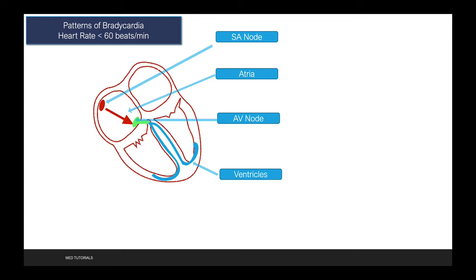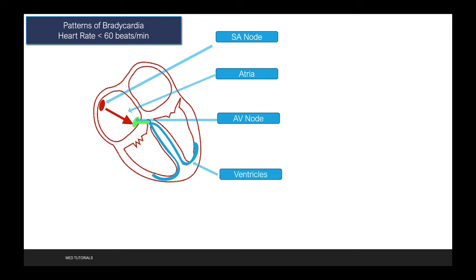Now we're going to talk about patterns of bradycardia that we see on an ECG. This pattern, as we will see, is different from what we'd call causes of bradycardia, because different causes of bradycardia can manifest in a different pattern in the ECG.